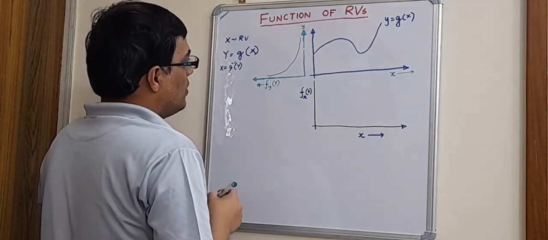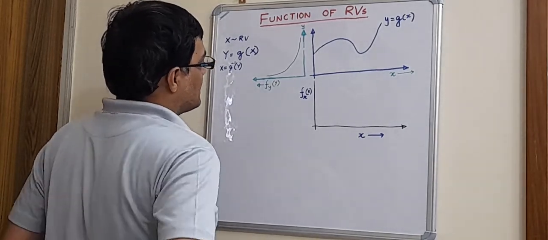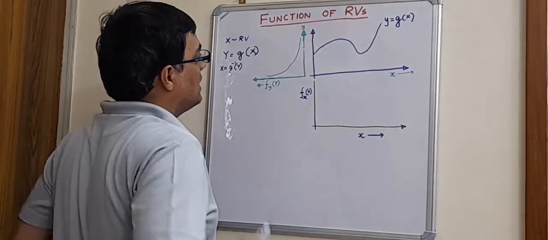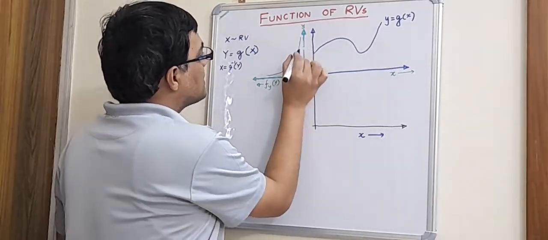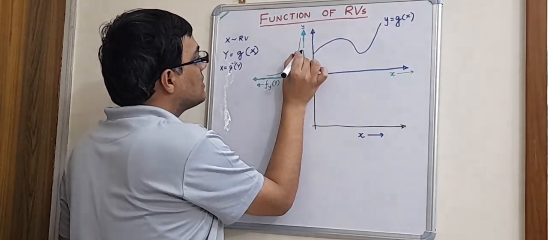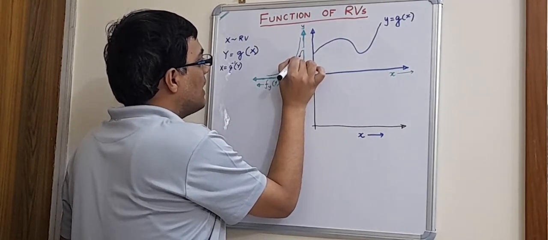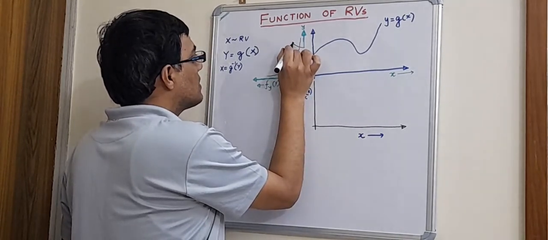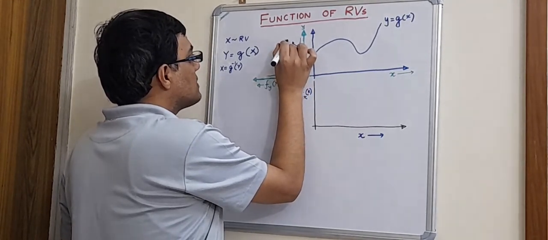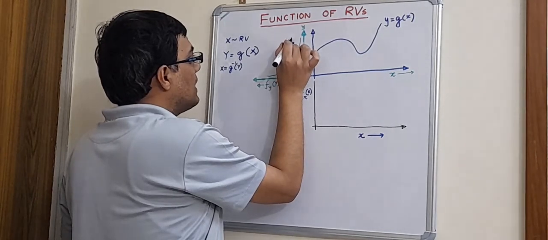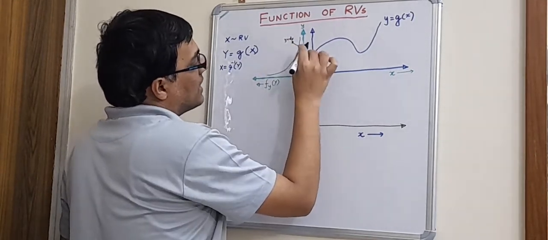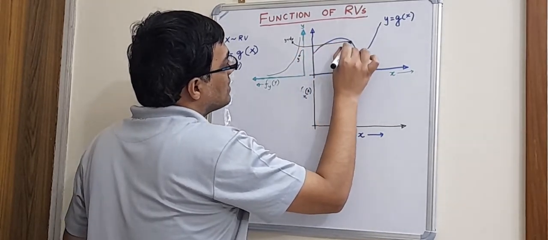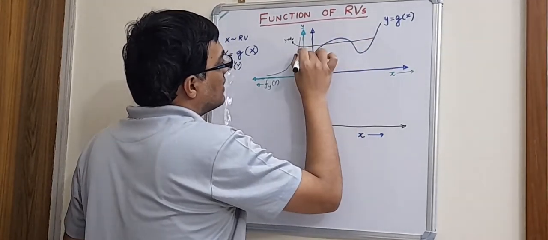So what I will do is, I will take a slice between y and y plus dy. I am taking a slice whose width is dy.